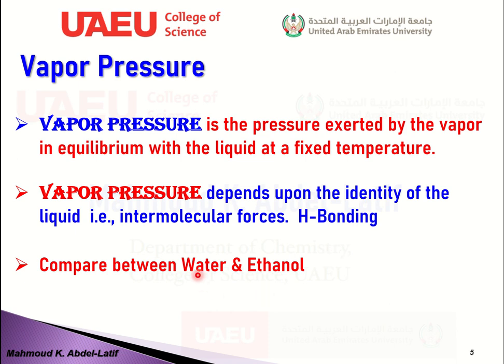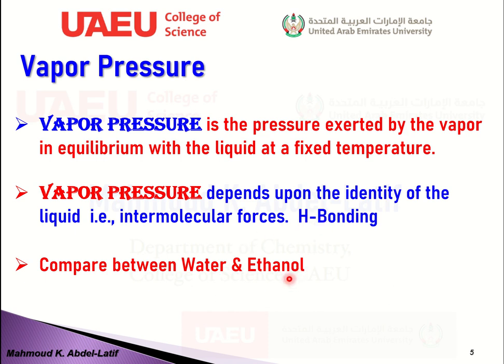That's why it's quite difficult for the molecules in the liquid state to escape to the vapor state. But in ethanol, the intermolecular forces are quite weak compared to those in water, which is hydrogen bonding.